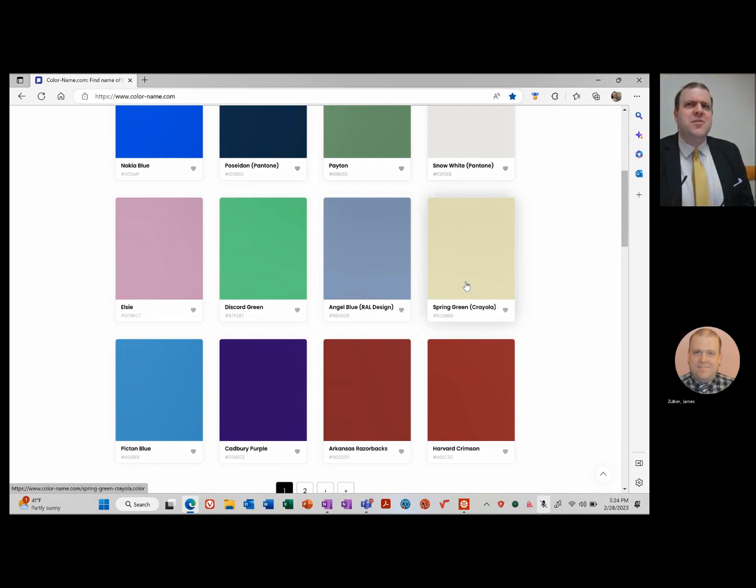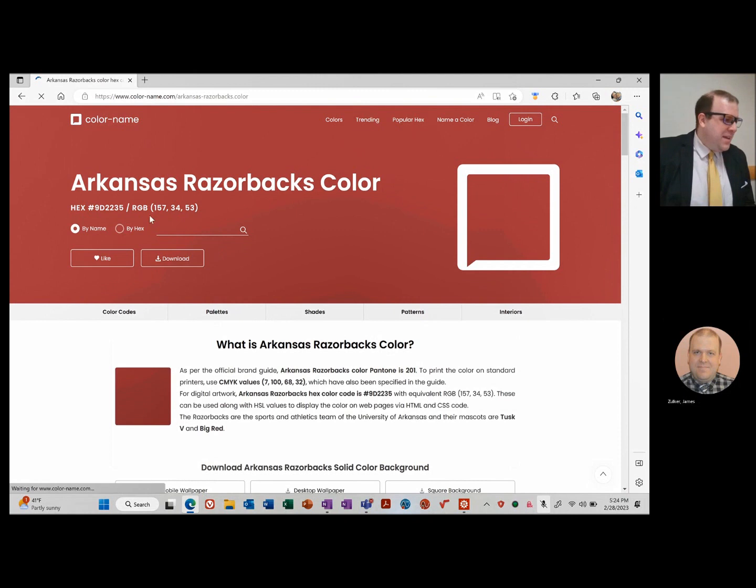That does not look like a spring green to me at all. That looks more like a yellowish. Of course, on the screen, it's completely different than my screen. Oh dear. Yeah, sure, why not? We'll go with Arkansas Razorbacks.